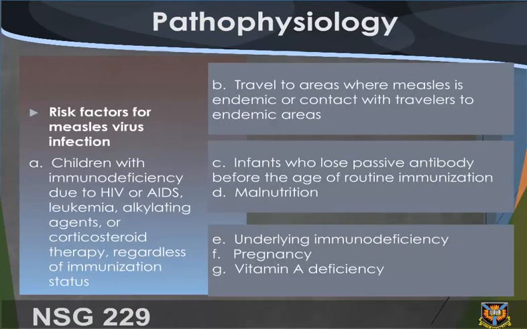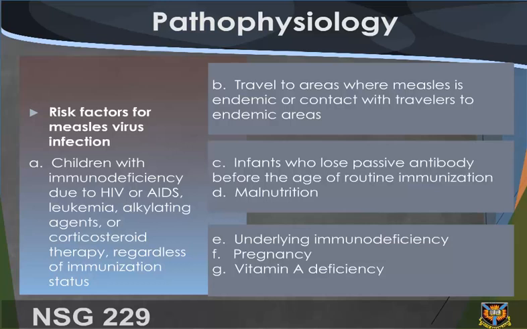Risk factors for measles virus infection. A. Children with immunodeficiency due to HIV or AIDS, leukemia, alkylating agent, or corticosteroid therapy, regardless of immunization status. B. Travel to areas where measles is endemic or contact with travelers to endemic areas.